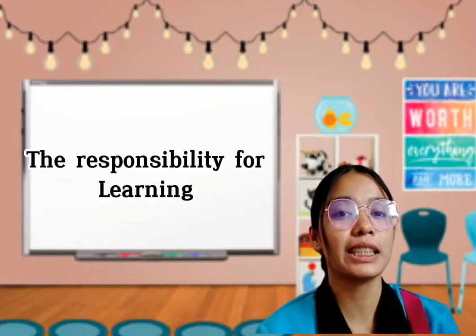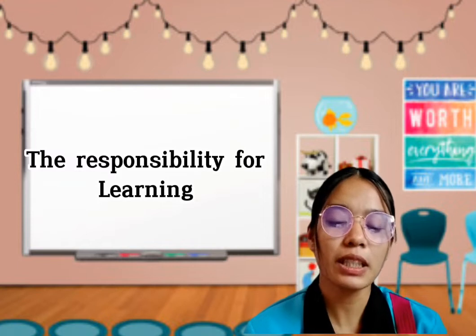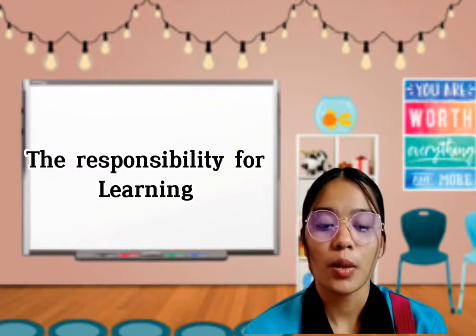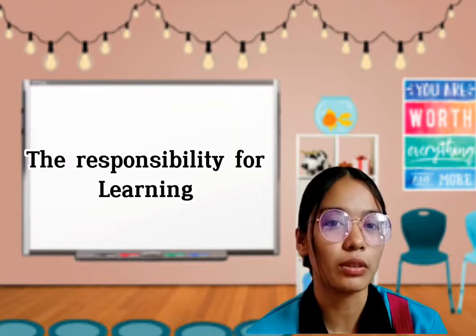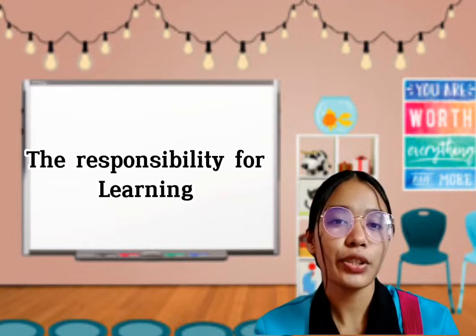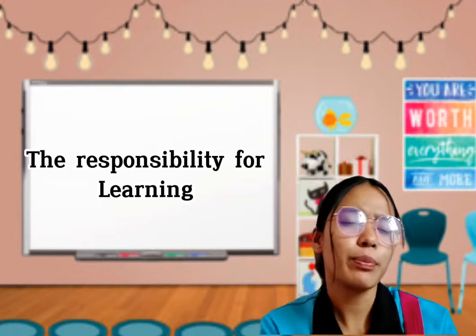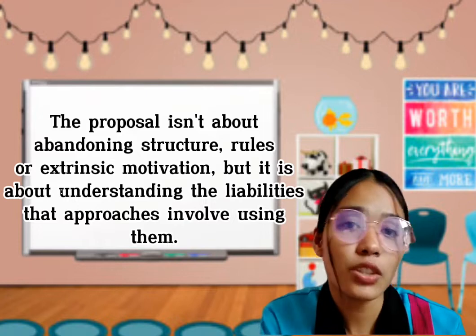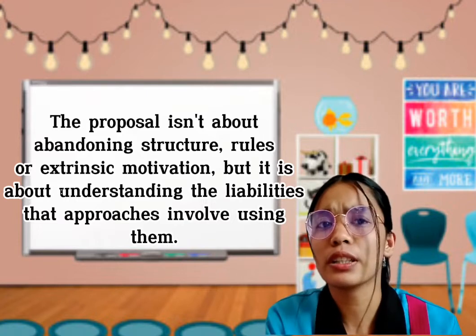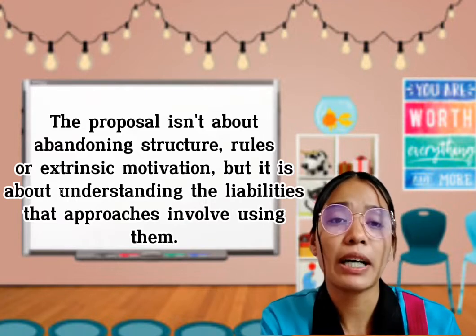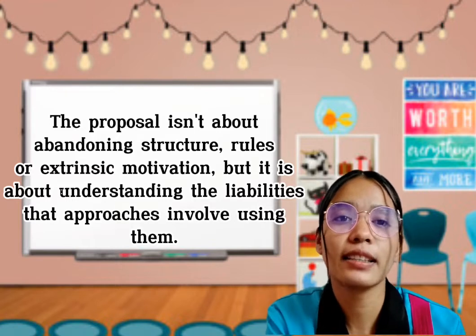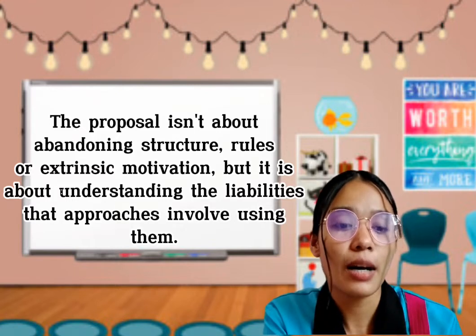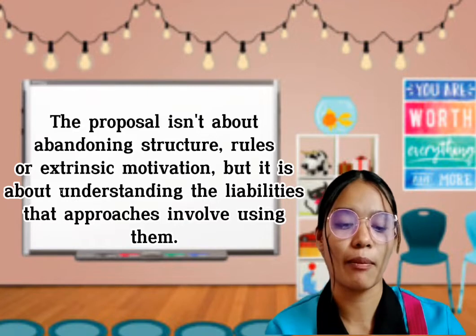The responsibility for learning. Responsibility is just one word, but it can be defined as a whole. The proposal is not about abandoning structures, rules, or extrinsic motivation, but about understanding the liabilities that these approaches involve in using them.